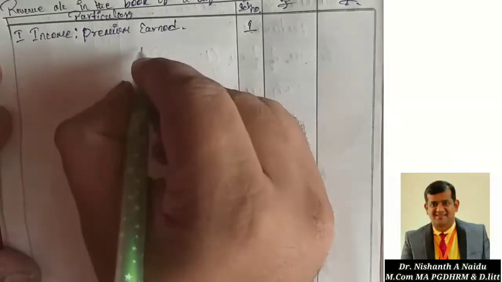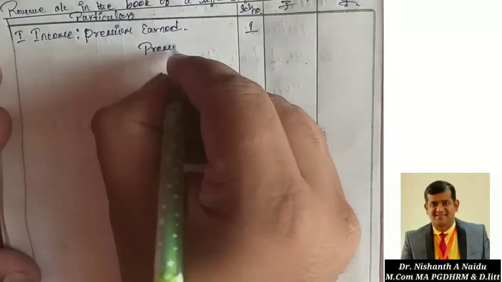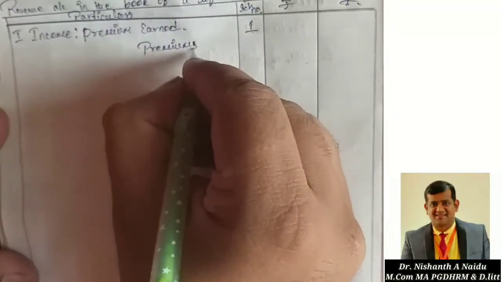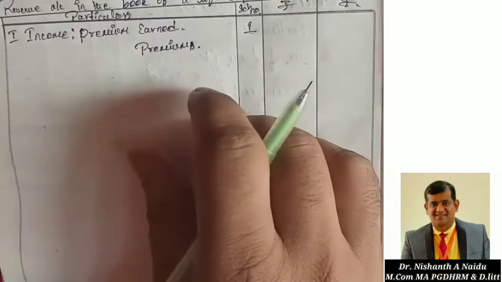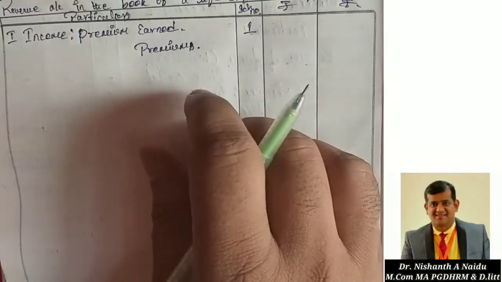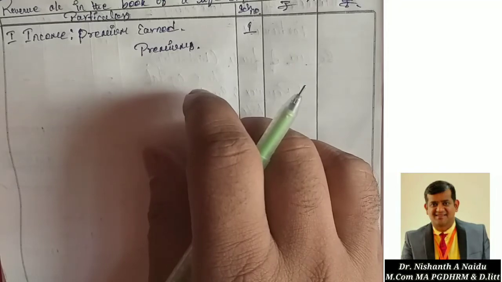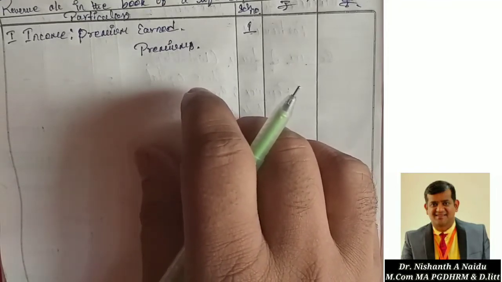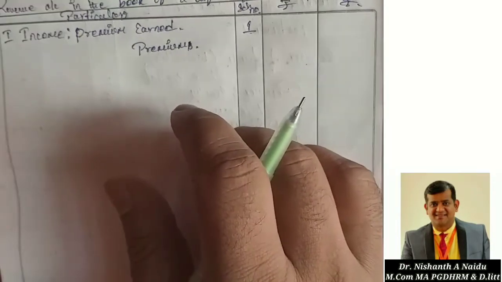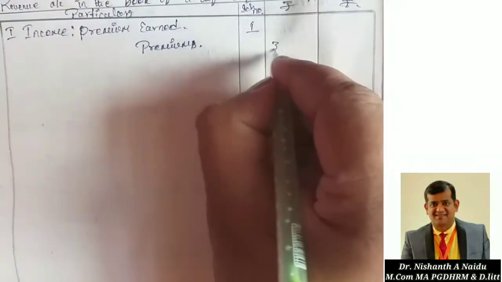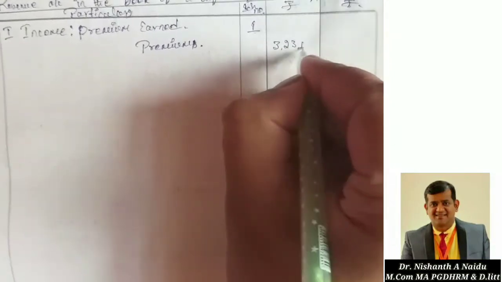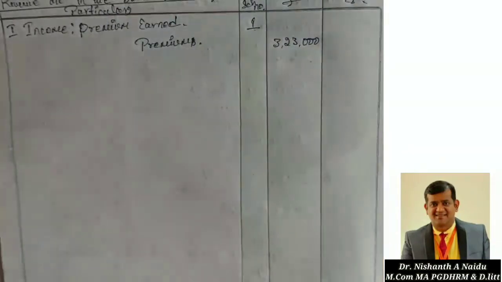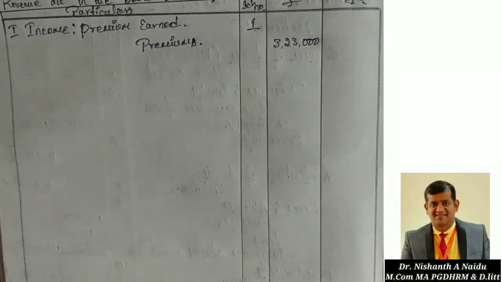So under that take down premiums. How much premium has he given in the problem? Premium received, that is in the trial balance, 3,23,000 rupees. Did you get it? Yes, write down 3,23,000 rupees.